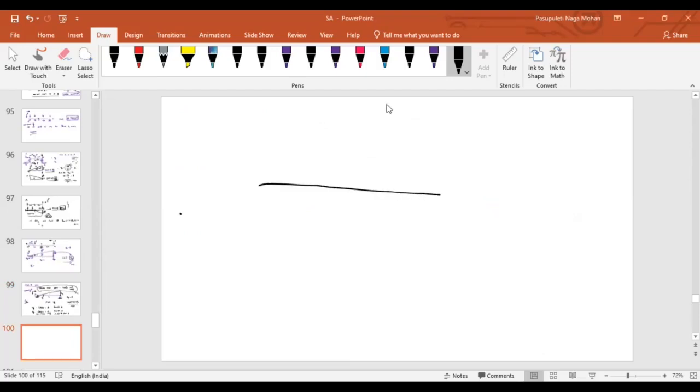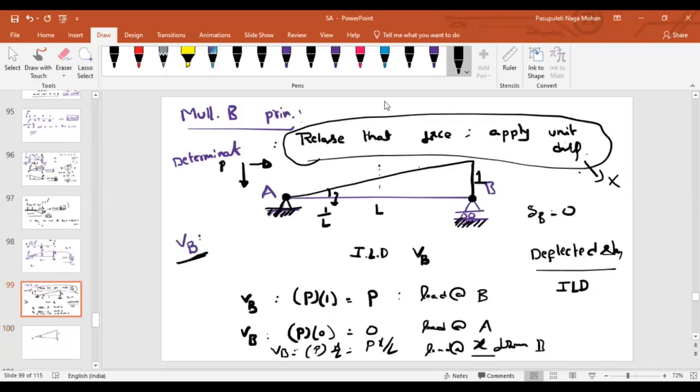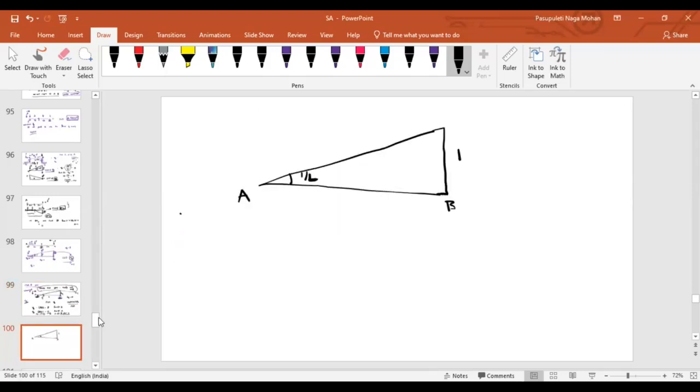What is the influence line diagram? This is your influence line diagram. This is 1. And what is the slope? 1 by L. This is A and this is B. What I told you, what is the position of the load? Position of the load is X from point B. So the load is somewhere here.